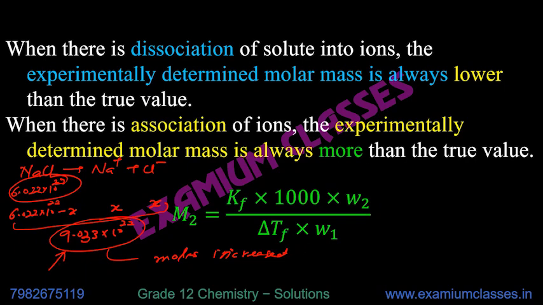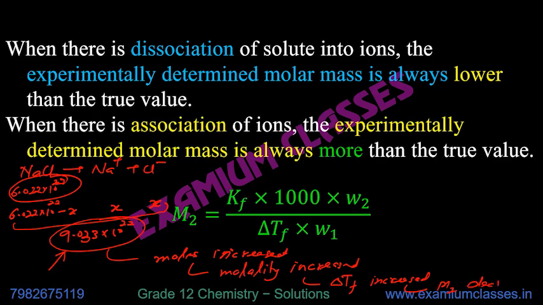When moles increased, molality increased, because in the formula of molality, moles is in the numerator, moles divided by mass of solvent in kg. Molality increased means delta TF increased. If delta TF increased, M2 decreased as per this formula. These are inversely proportional. Delta TF is in the denominator. If it increases, it will decrease the value of M2. Is that clear?